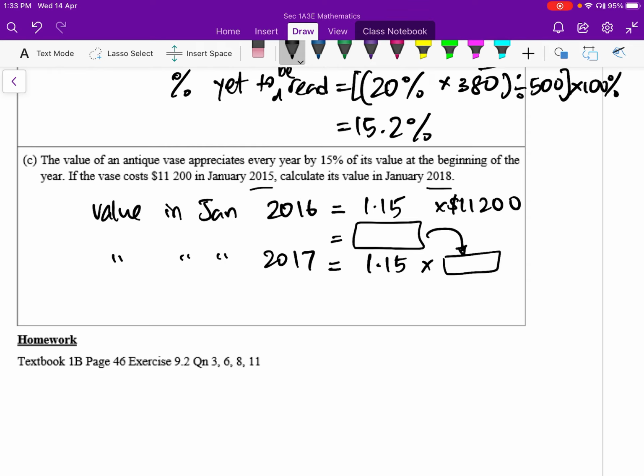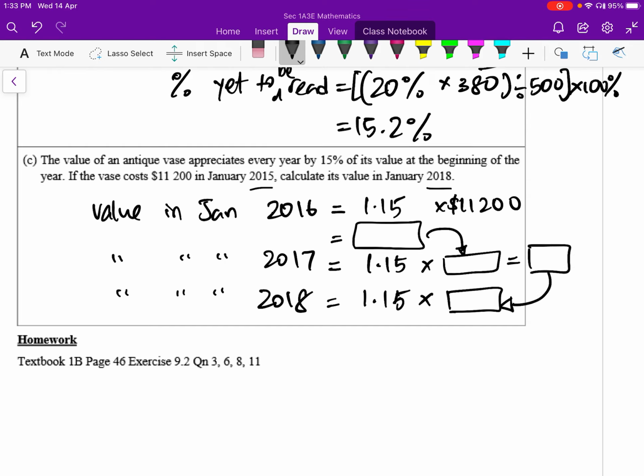And they want the value in January 2018. That will be another 1.15 times another value. Which value is it? This value. Okay, so it is 1.15 times the original, get answer. 1.15 times the previous answer, get a new answer.